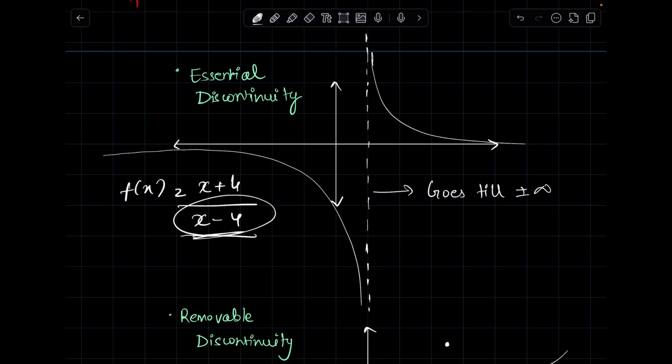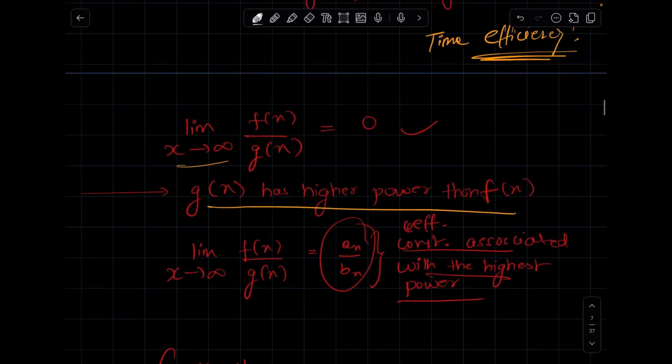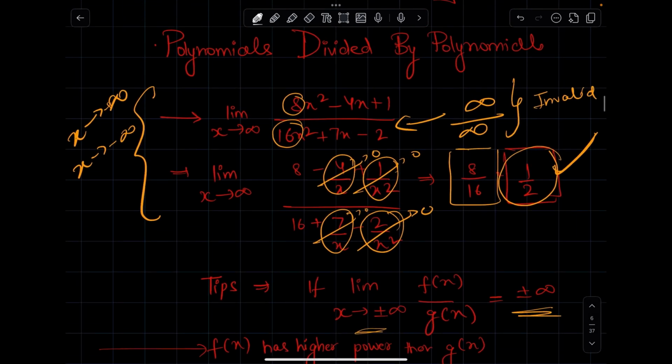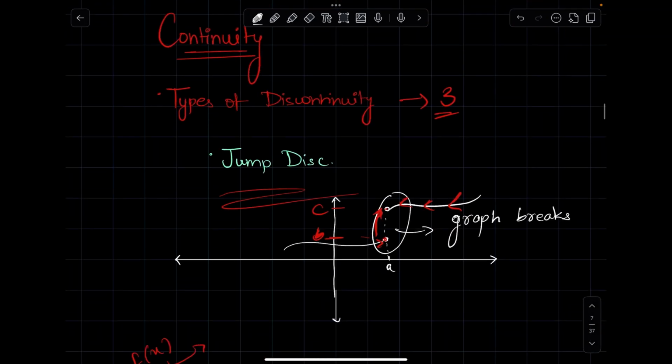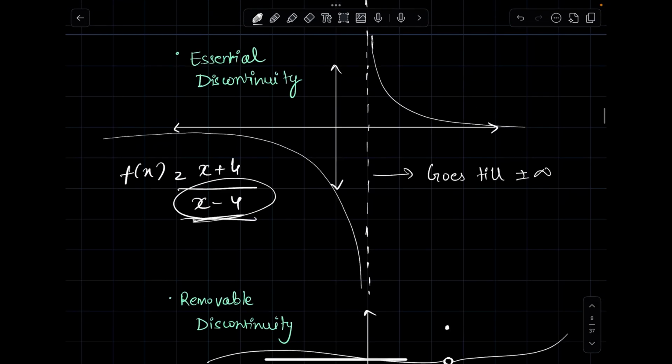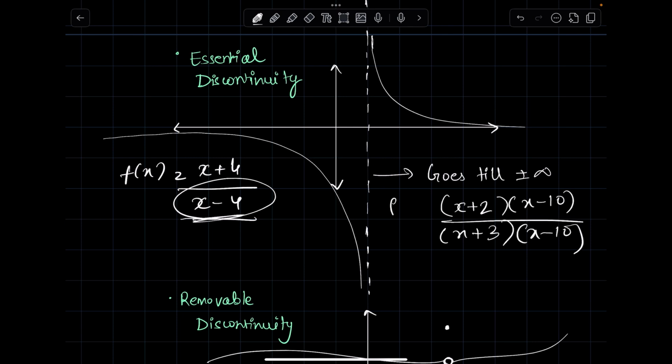And you will also encounter how to remove this, and we have done it before in this question right here. So let's say that you have x plus 2 times x minus 10 upon x plus 3 times x minus 10. This is your f of x. Your f of x does not exist at 10 because then your denominator would become 0.